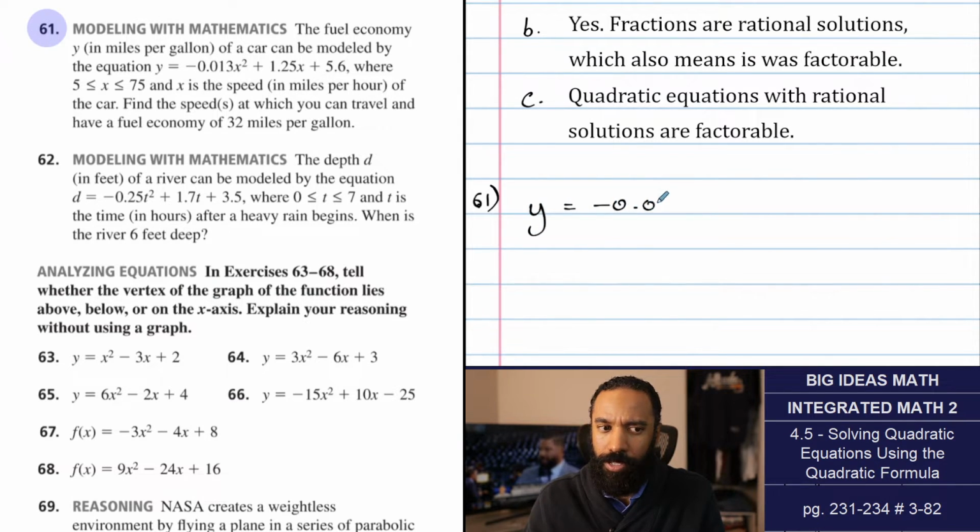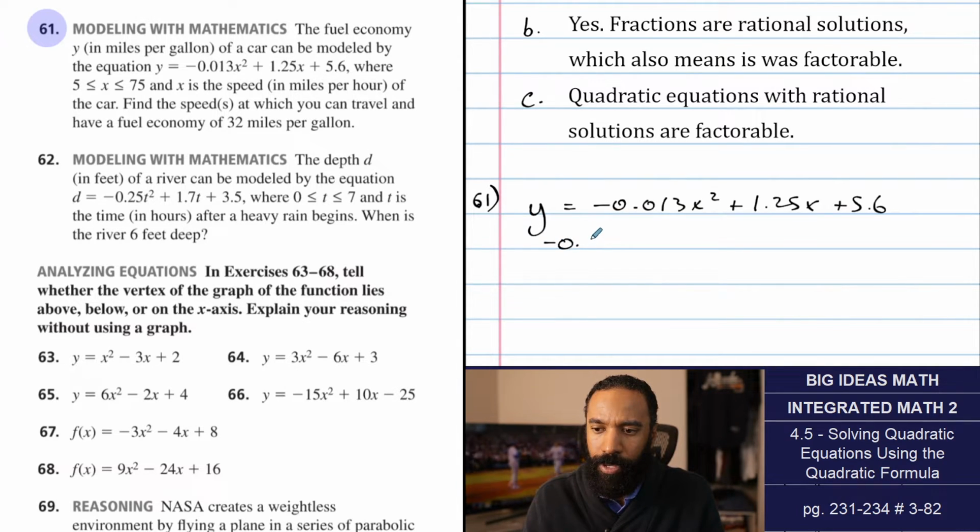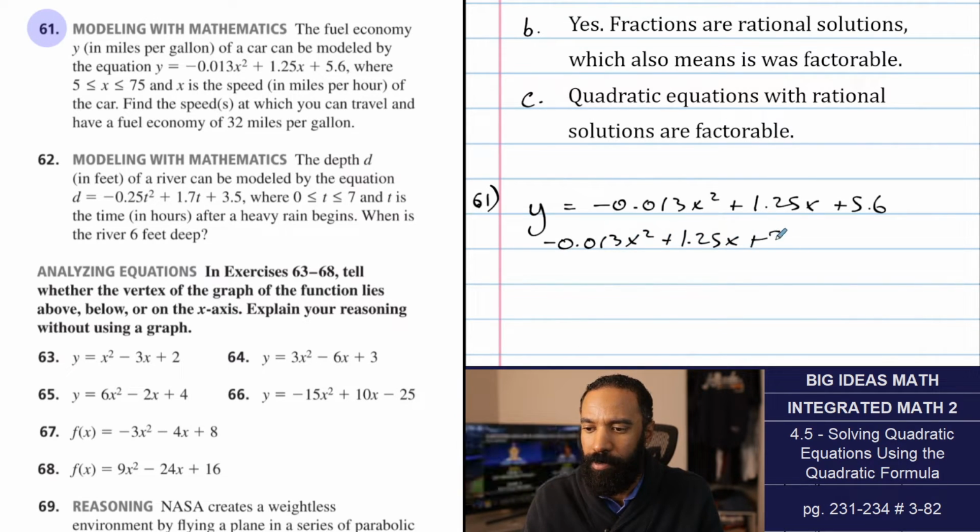Okay, so y is negative 0.013x squared plus 1.25x plus 5.6. Let's set y equal to 32: negative 0.013x squared plus 1.25x plus 5.6 equals 32.